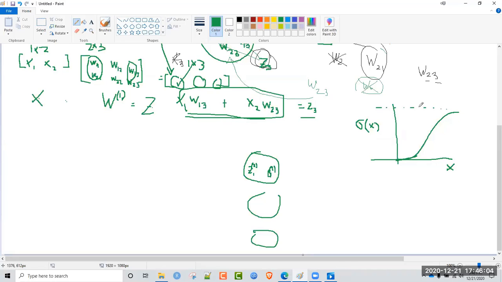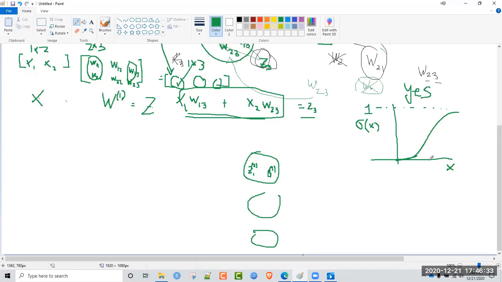Didn't we talk about that already? Yes or no? Professor, you mentioned briefly about it, but not. Okay, I didn't say that much about it. But this is a curve. It looks like that. It has a formula, but let's not worry about the formula right now.